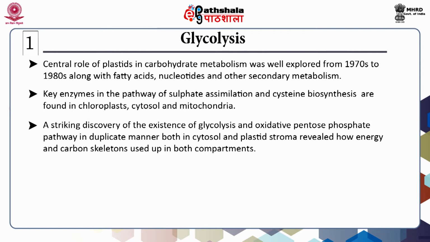A striking discovery of the existence of glycolysis and oxidative pentose phosphate pathway in duplicate manner, both in cytosol and plastid stroma, revealed how energy and carbon skeleton are used up in both compartments.